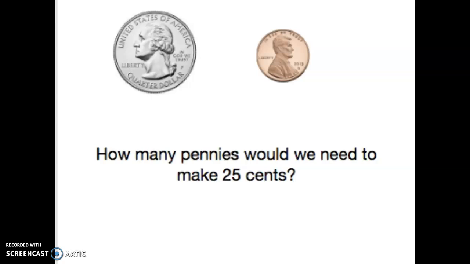How many pennies would we need to make 25 cents? Let's think about that. A penny is worth 1 cent, and we're trying to make 25 cents. So how many pennies would we need to make 25 cents?